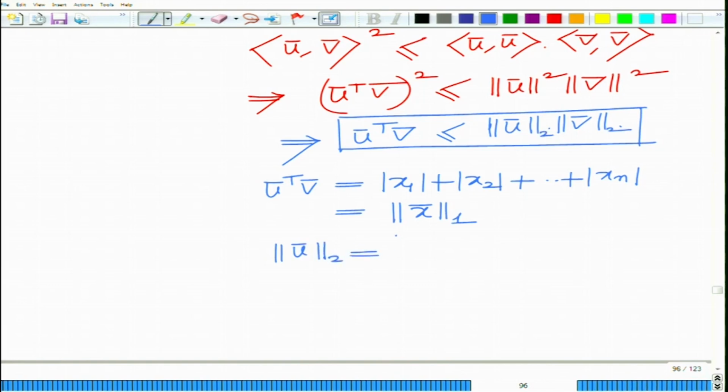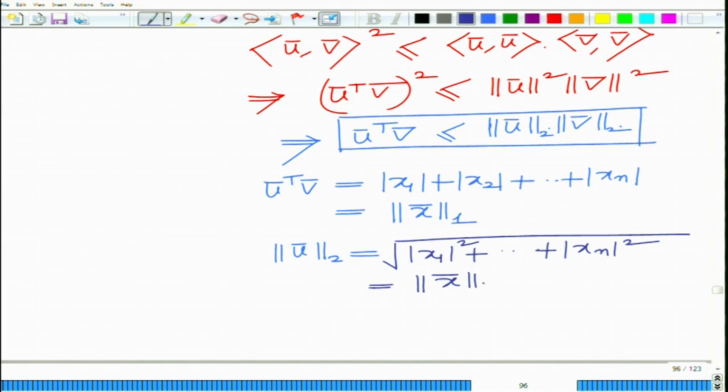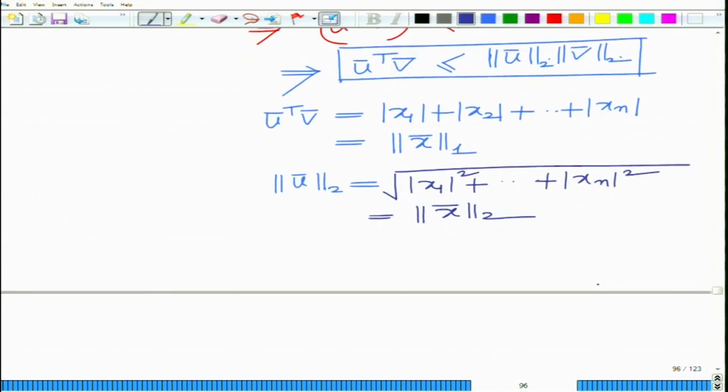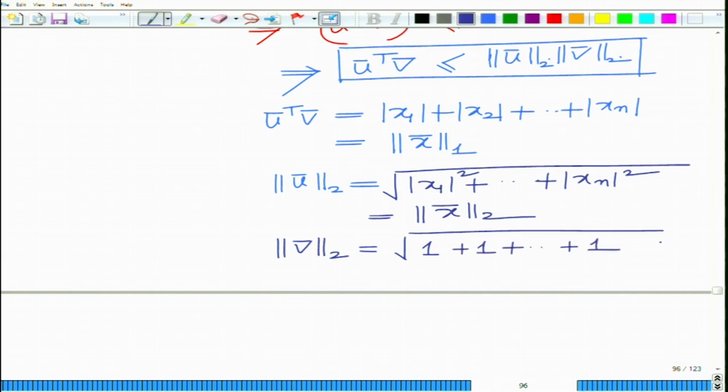The 2 norm of u bar is the square root of magnitude x1 square plus so on up to magnitude xn square, which is the 2 norm of x bar, and the L2 norm of v bar is the square root of 1 plus 1 plus 1, n times, which is the square root of n.